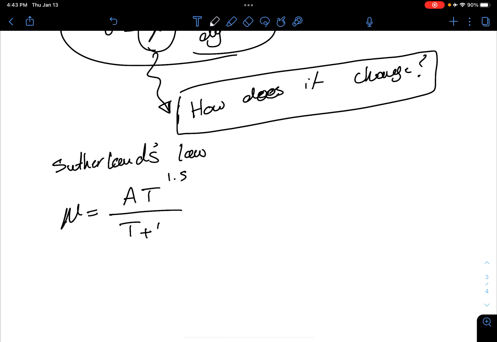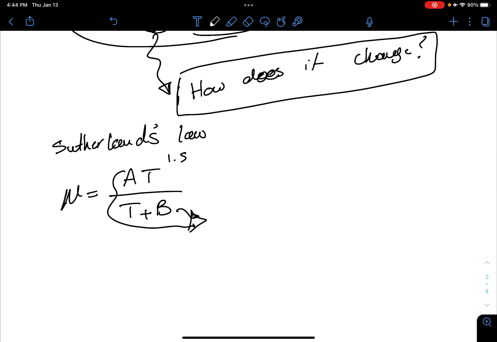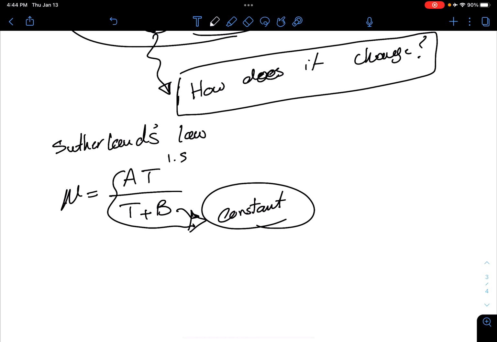This only applies to air, or gases, and regular gases and liquids. A and B are constants that are going to be given to you. But in most of our analysis, we are going to assume viscosity is constant, mainly because our operating temperature doesn't change that much. Okay? Does it make sense?